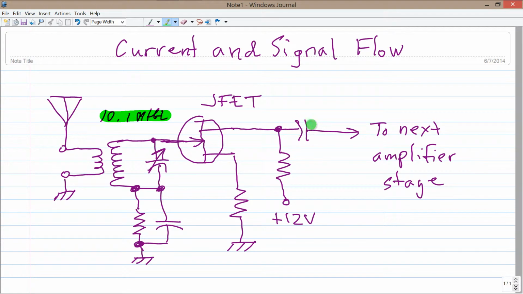This capacitor right here is a blocking capacitor. It prevents the direct current 12 volts from getting into the next stage and messing it up, but it lets the alternating current portion of this fluctuating signal pass on through. So the signal flows in here.